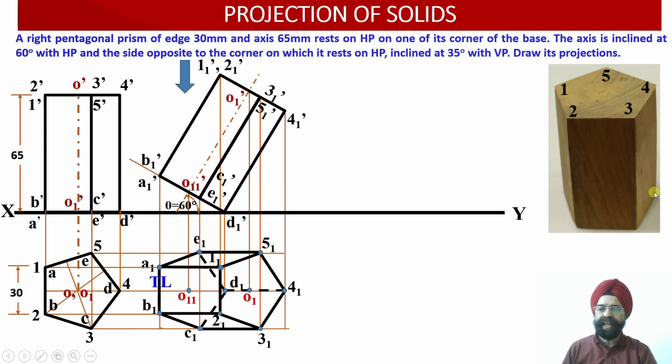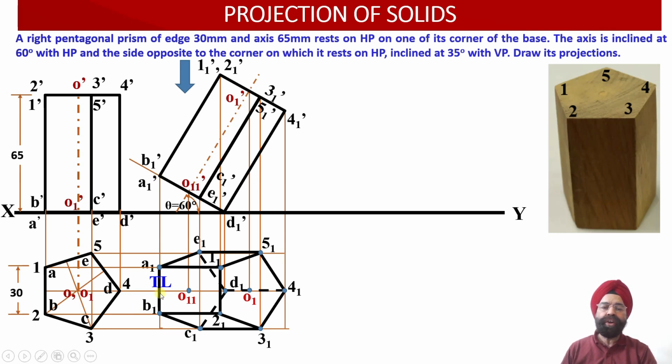It is this corner D. Please check, it is this corner D over here. So the opposite edge is this one, and this edge happens to be A1, B1. Now, as we have tilted this prism, this edge A1, B1 is still parallel to the horizontal plane.